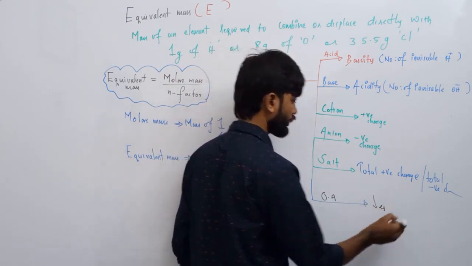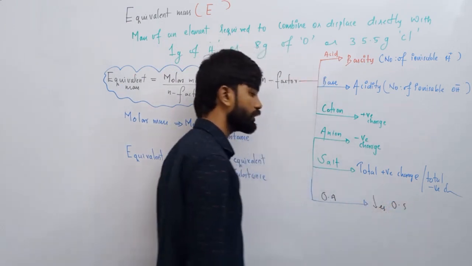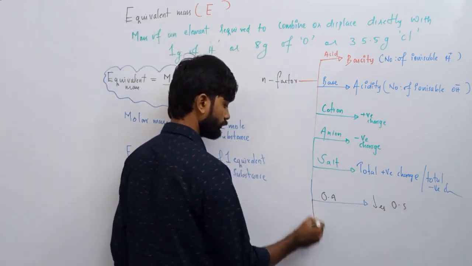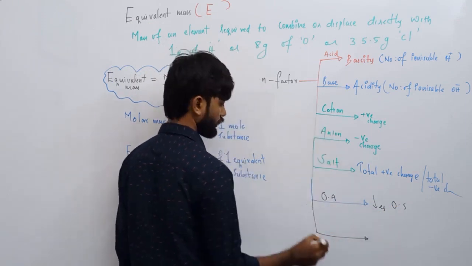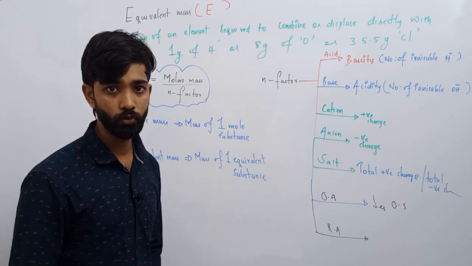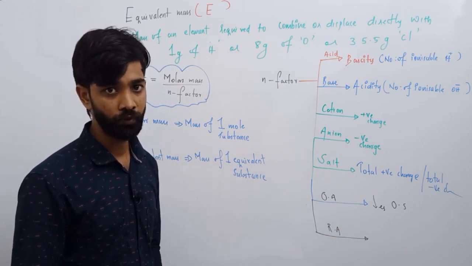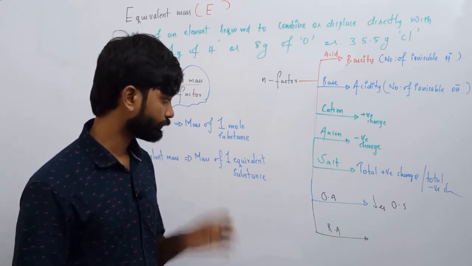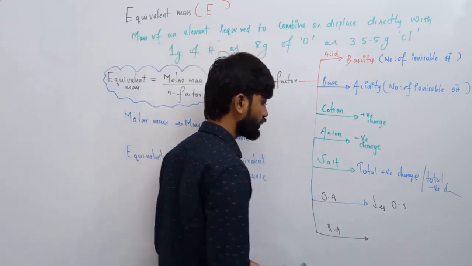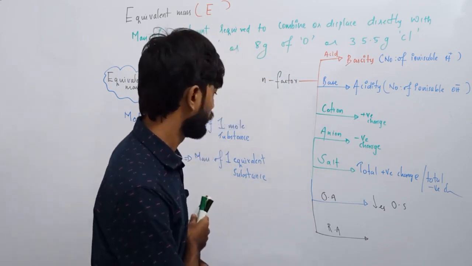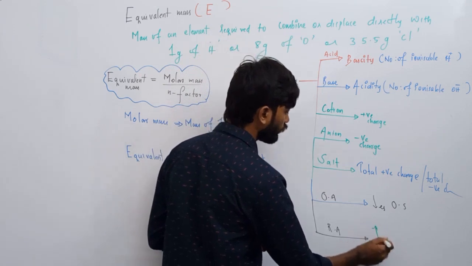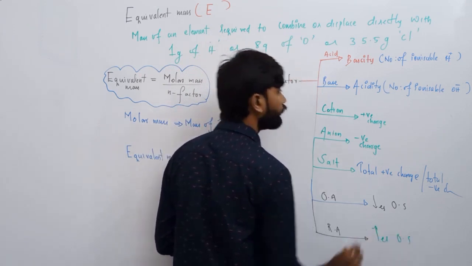I'll give you a detailed explanation about this, because our chapter is redox reactions. A reducing agent is something whose oxidation state is increased. So the change in oxidation state is the n factor.